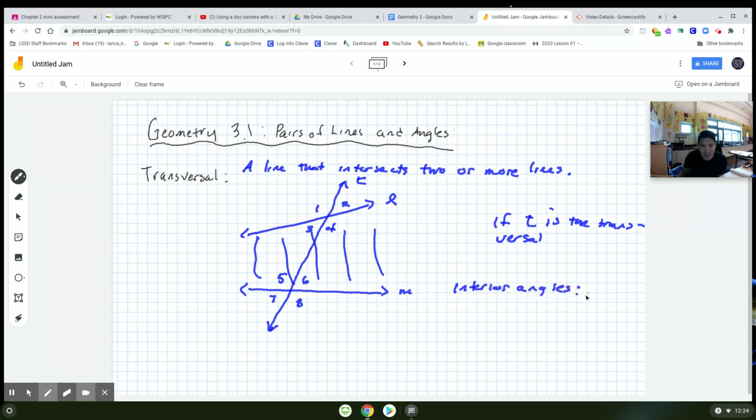Interior angles in that diagram are angles 3, angle 4, angle 5, and angle 6, which means angles 1, 2, 7, and 8. Here's angle 1, angle 2, angle 7, and angle 8. Those are the exterior angles. They're outside of those two non-transversal lines.